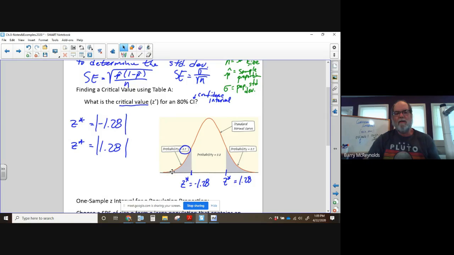Since our distribution is symmetric, we're going to make use of that symmetry and say that half of it is in the left and half of it is in the right. Now, if we knew that our distribution was skewed, we can still go through this calculation, but we have to use another type of distribution, which is called the chi-squared distribution.